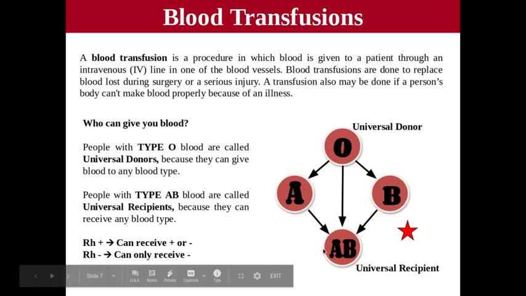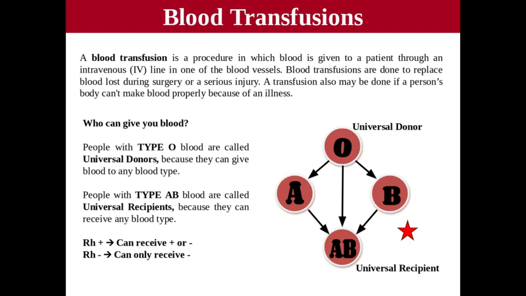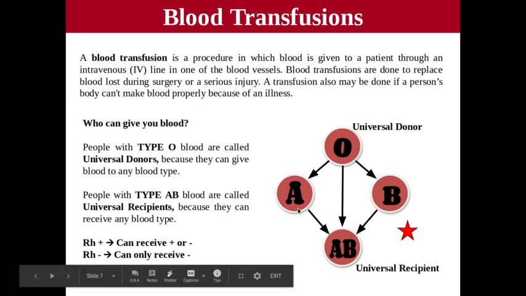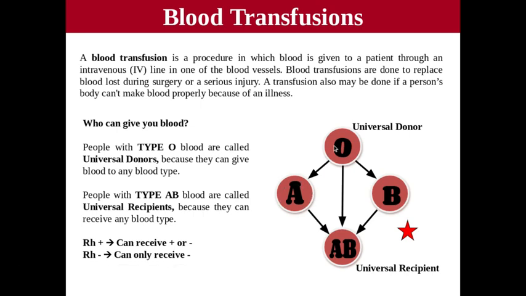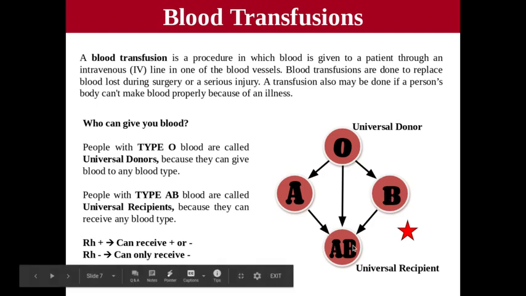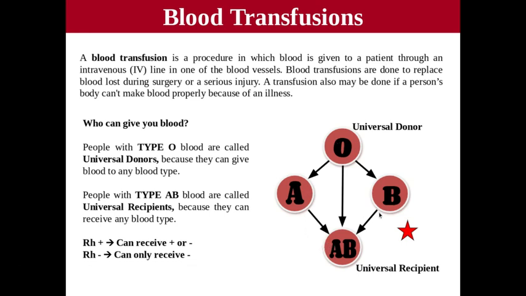The universal recipient can take blood from any of the blood types. But if you're a blood type A, you can only get blood from A and O. If you're B, you can only get blood from B and O. If you're AB, you can get blood from A, B, or O. Any blood is fine.